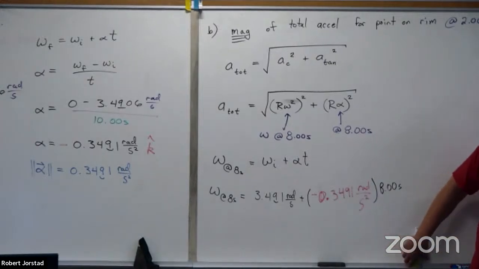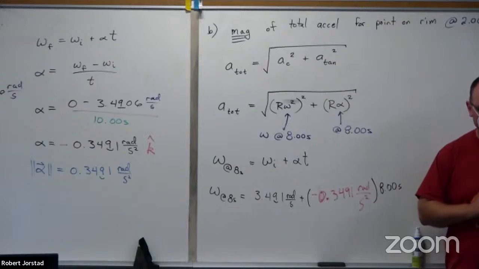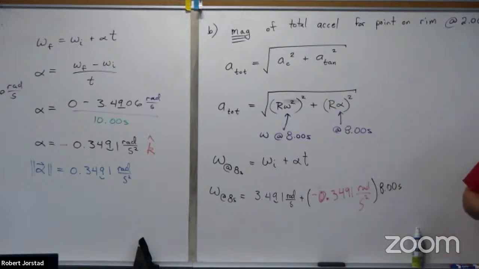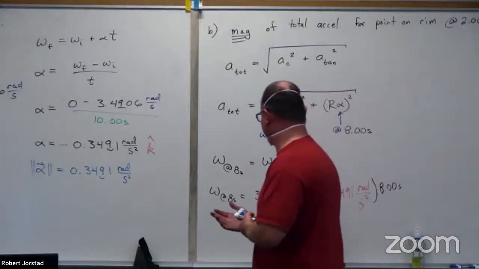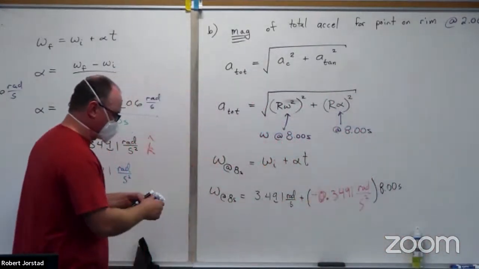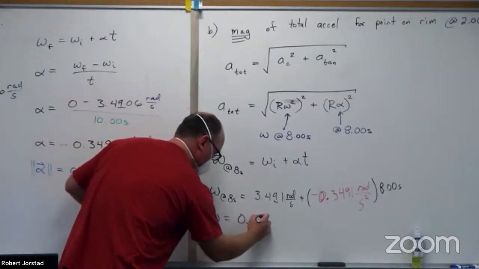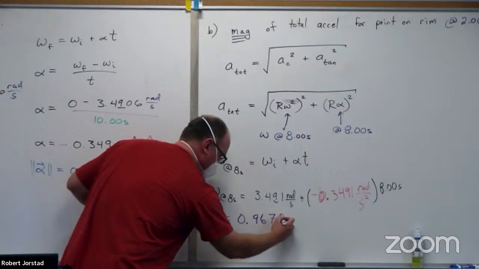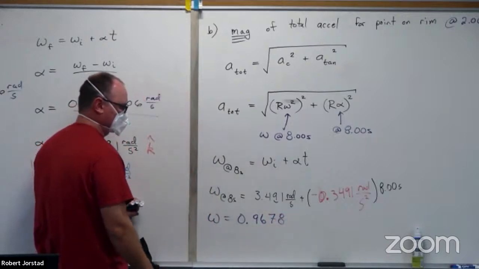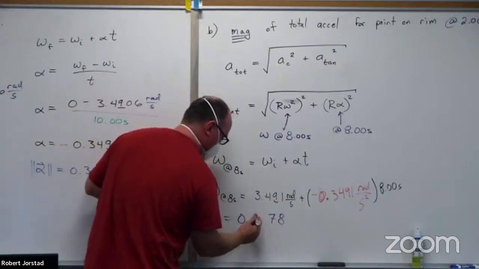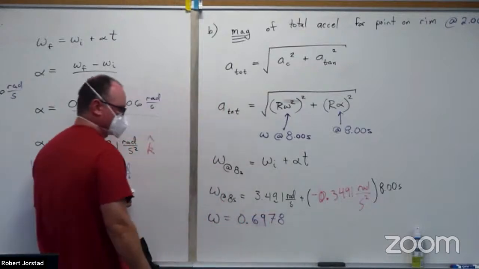I'm pretty confident you can plug all that in. Now notice, there's one last piece of information we need to do this. Did anybody get the number for it? 0.9678. Oh, sorry, 6978.